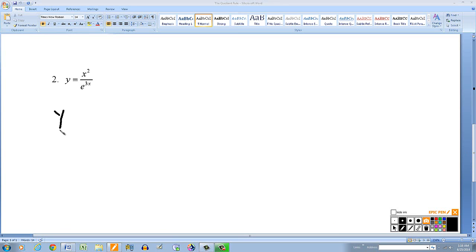And this will be y prime, the derivative, and again it's going to be the denominator, which is e to the 3x, times the derivative of the numerator, which is 2x.